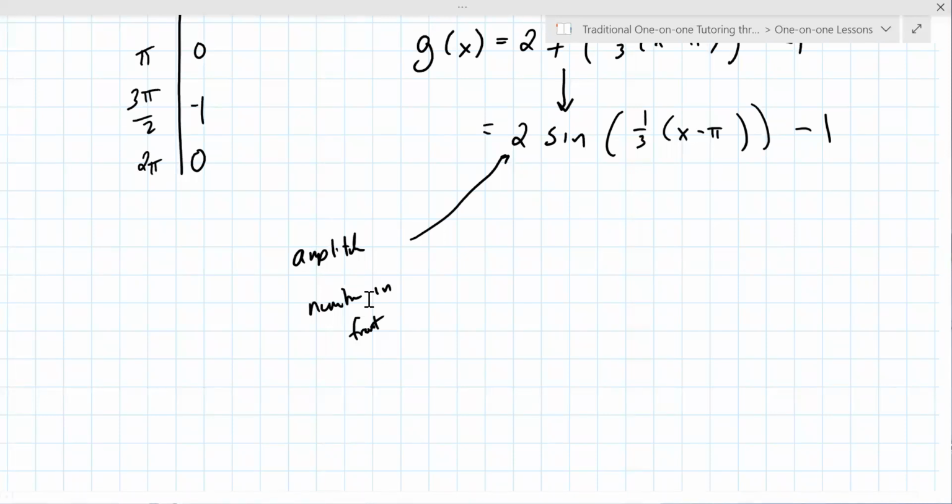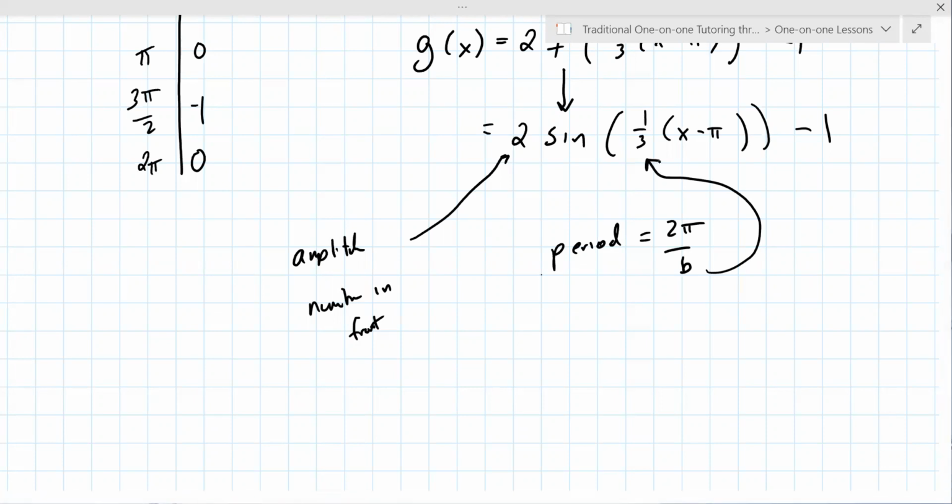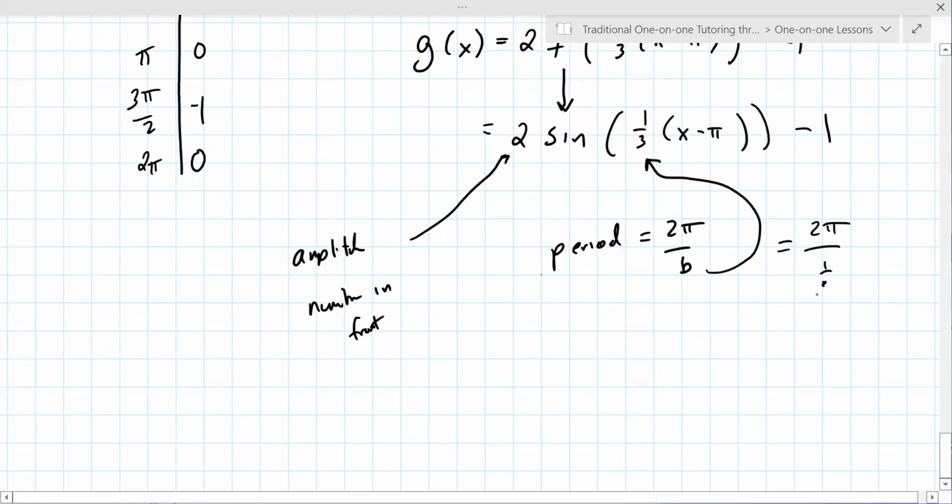All right, so now the next one it asks for is the period. The period is 2 pi over b, and b is this number in front of x. So in your case, it's 2 pi over 1/3.